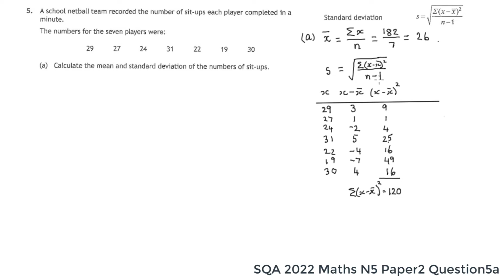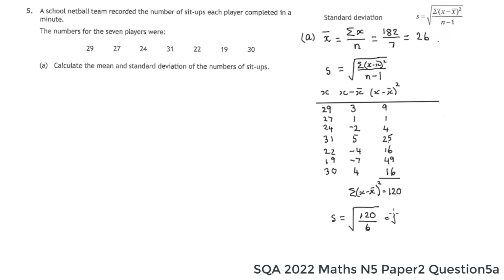Now we've still to divide that by n minus 1, and take the square root. So there's 120 for the top of the fraction. N minus 1 is 7, number of data points, minus 1, which is 6.